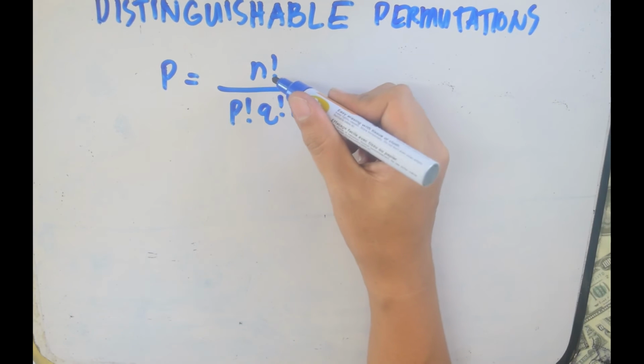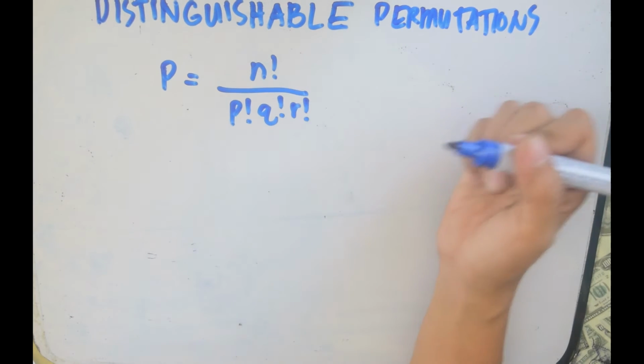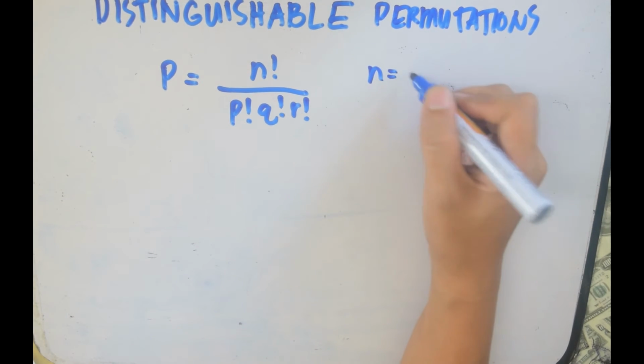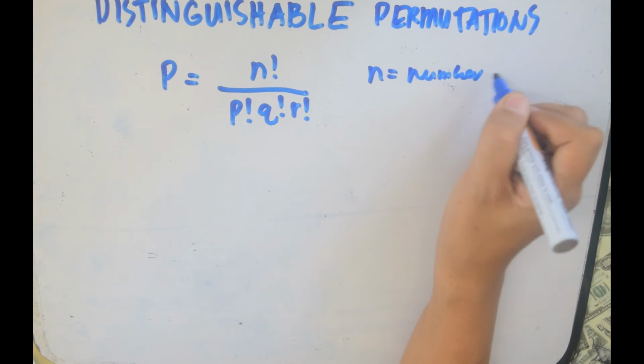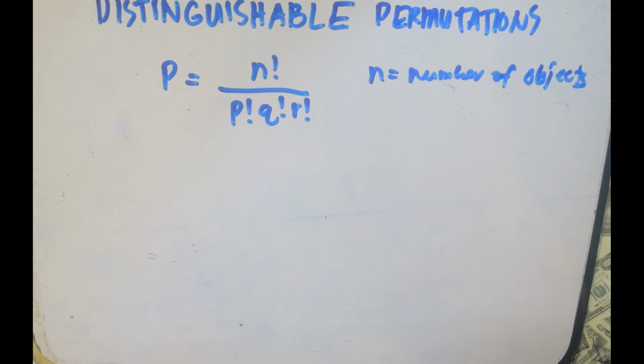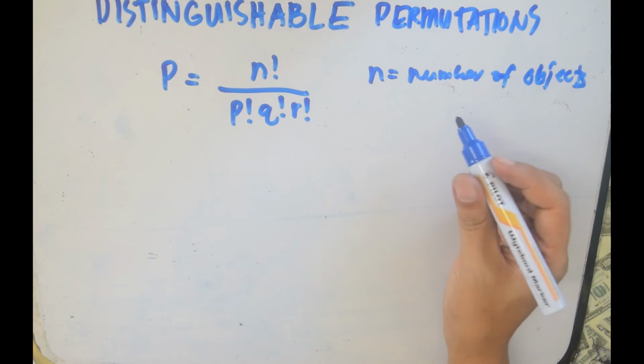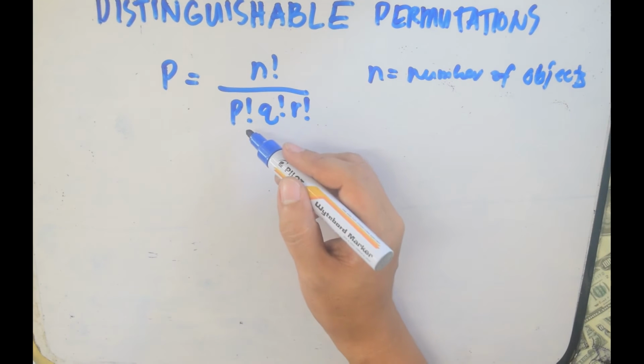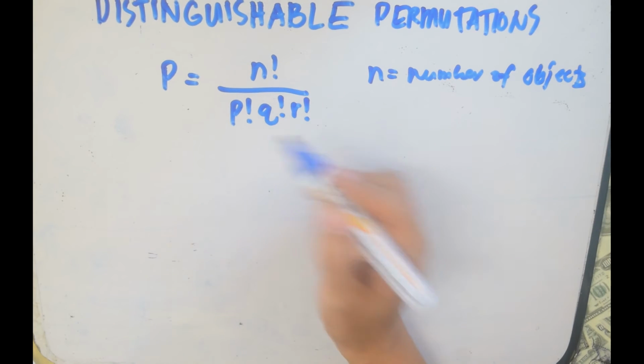The n here is the number of objects, or the number of elements in a set. The p here are the elements that are being repeated.